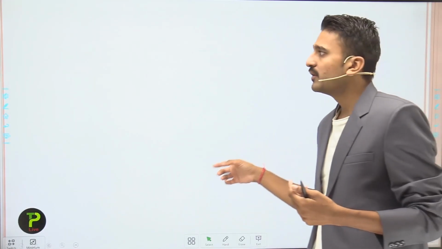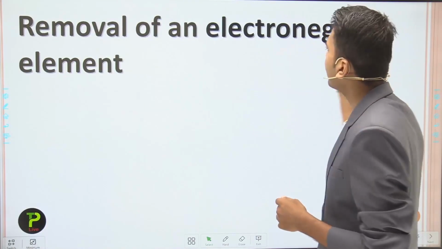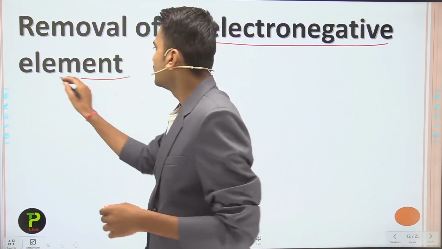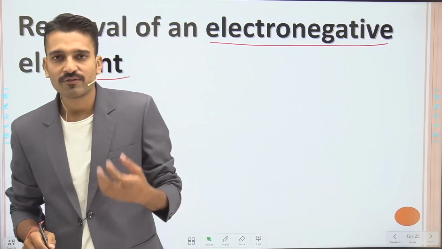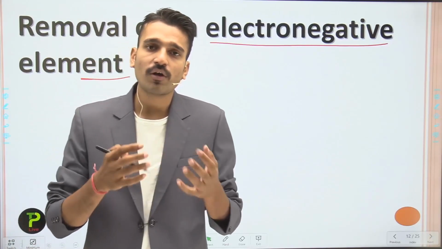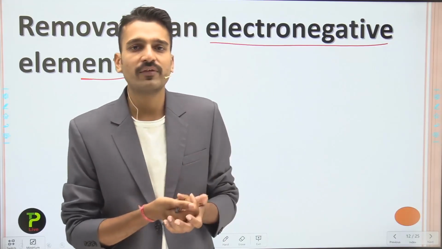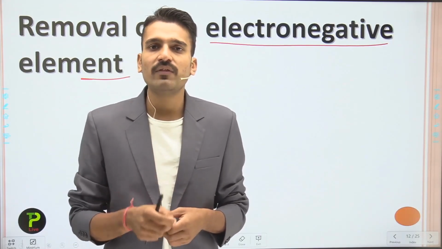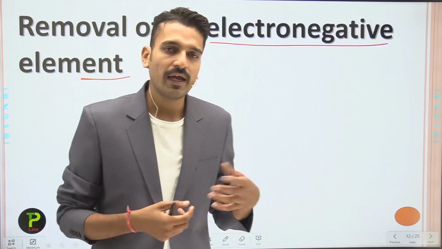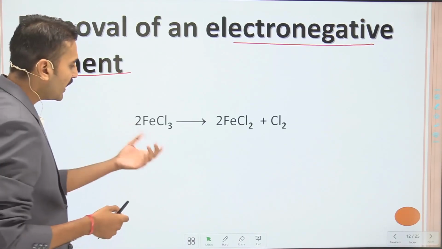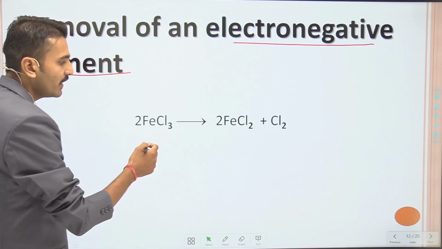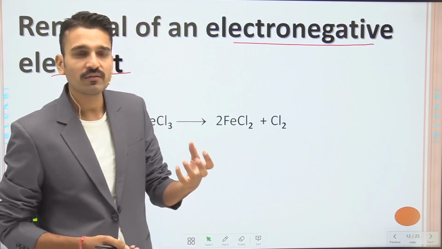Moving to another point, that is the removal of electronegative element. Just as we have seen in the oxidation case, what happens if there is no oxygen or hydrogen present? We have to deal with the electropositive or electronegative element. Here you see another example in which FeCl3 decomposes to give FeCl2 plus chlorine gas.